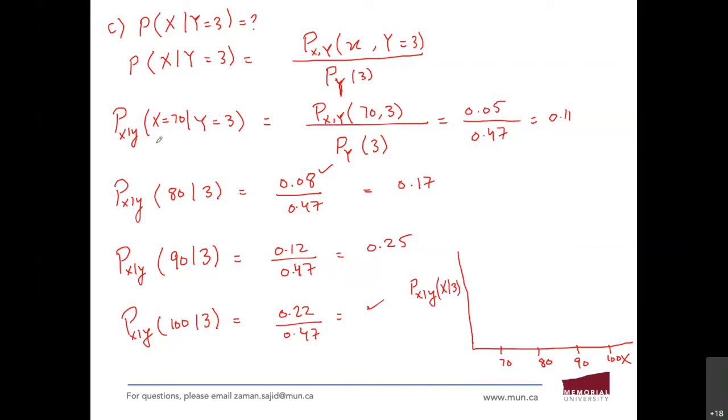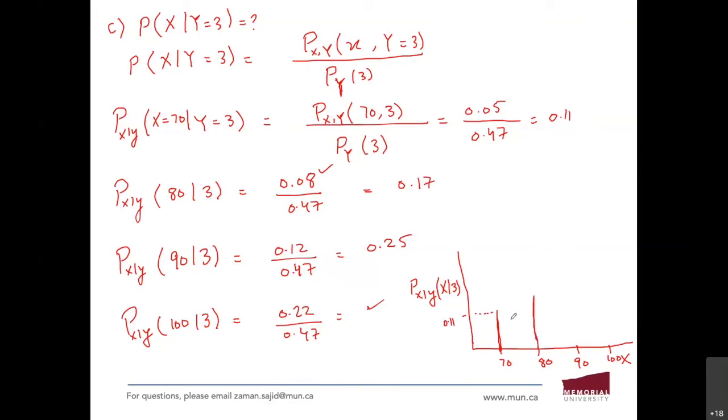So for X equal to 70 and Y equal to 3, I have a value of 0.11. I will draw it, suppose up to this point, assuming this is 0.1 corresponding to that value. At X equal to 80 given Y equal to 3, 0.17, it should be slightly above this value.